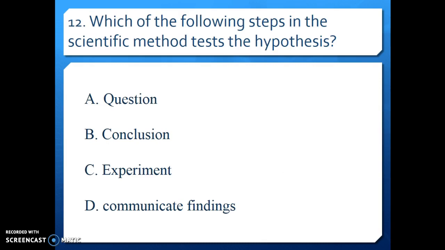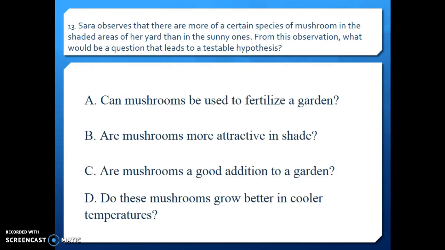Which of the following steps in the scientific method test the hypothesis? Sarah observes that there are more of a certain species of mushroom in shaded areas of her yard than the sunny ones. From this observation, what would be a question that leads to a testable hypothesis?